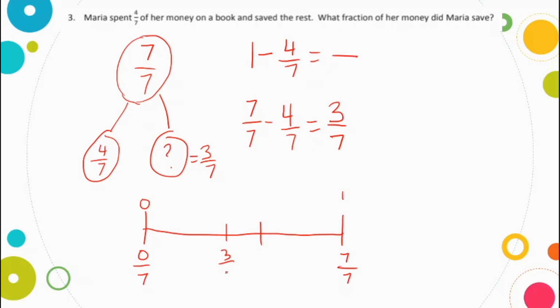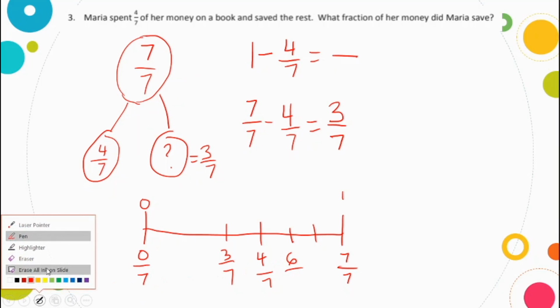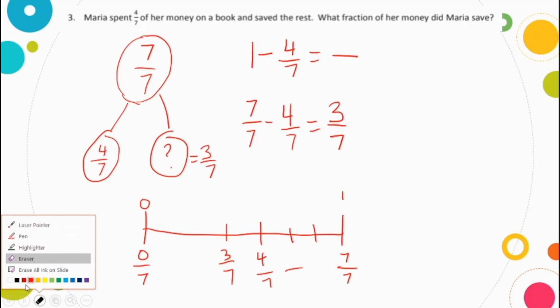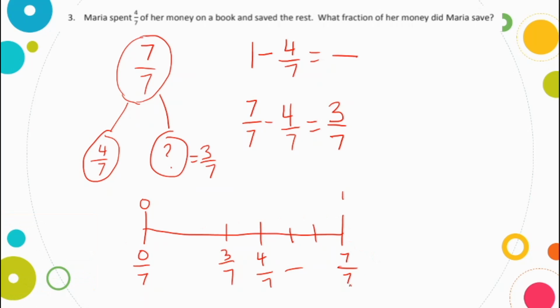This would be 3/7 and 4/7. Oops. I'm supposed to do 5. My bad. All right. I just got too happy writing 7. 5/7 and 6/7.